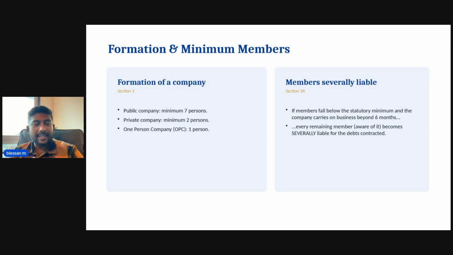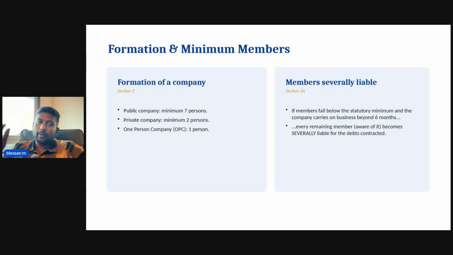That is section 3A. If any company falls below this minimum number required, that is, falls below 7 members or 2 members, and they continue to operate for more than 6 months with the knowledge, every member should have the knowledge.